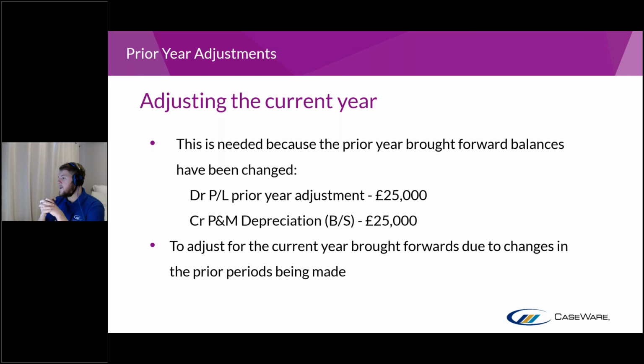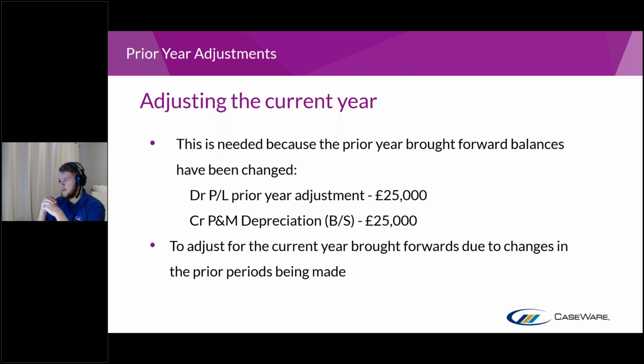So in here, we're going to debit the P&L prior year adjustment code to take into account that effect on the brought forward balances. And we are going to credit the plant and machinery depreciation code by 25,000 to take into account the cumulative effect of all of those changes.